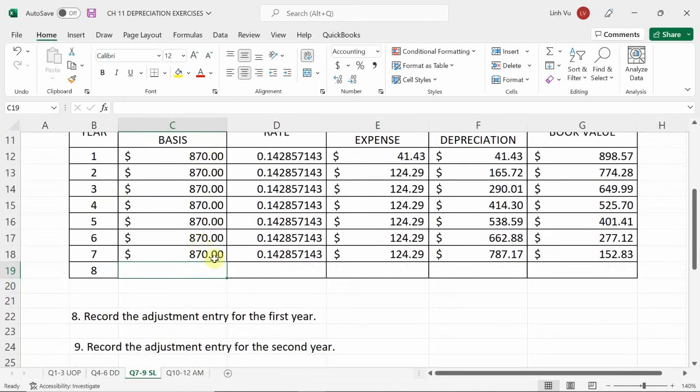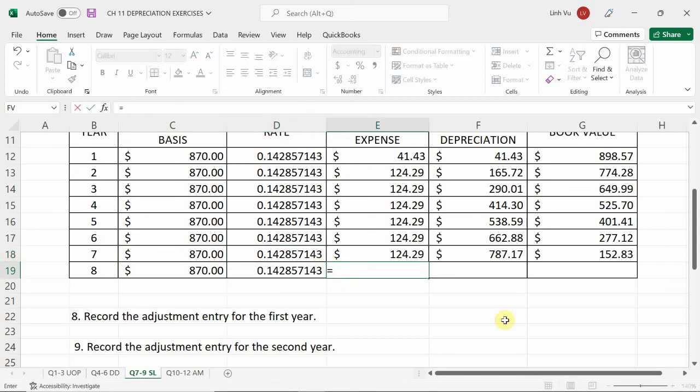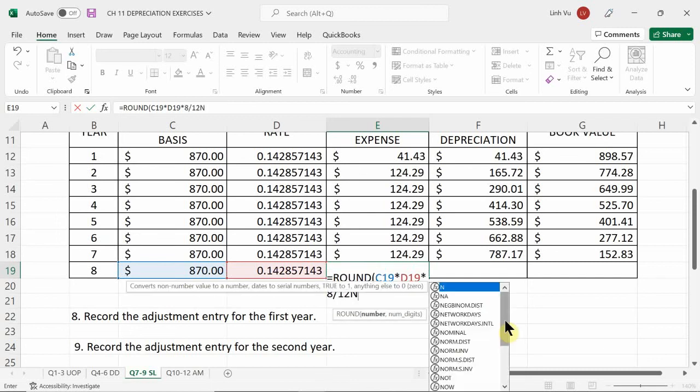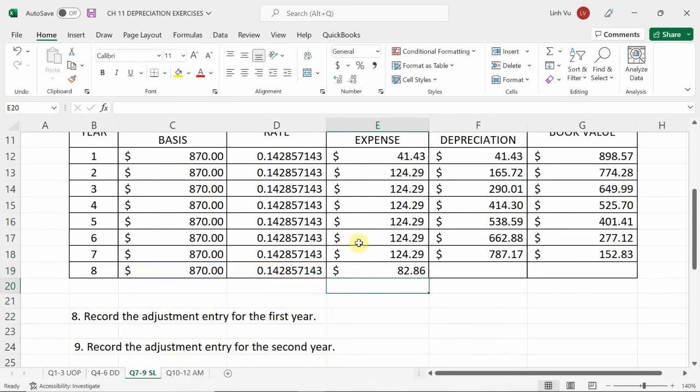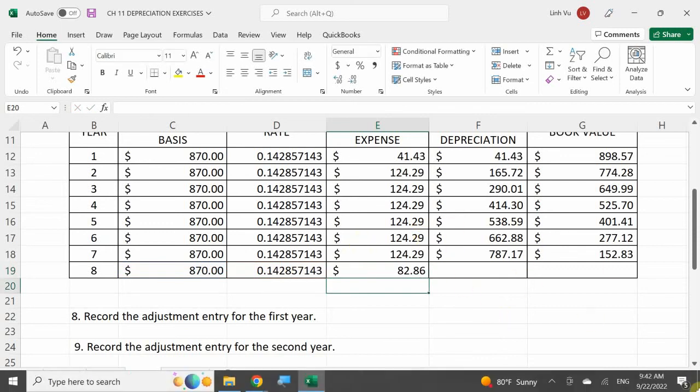So in this case, I'll go ahead and solve for you. Everything's going to be the same except this number is going to be different, because I still have 8 months left on this. So if I multiply it by 8 months, that's going to give me $82.86.